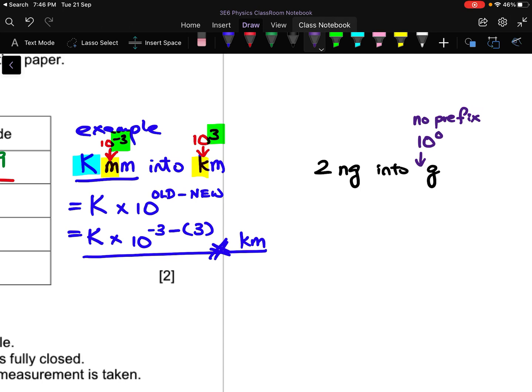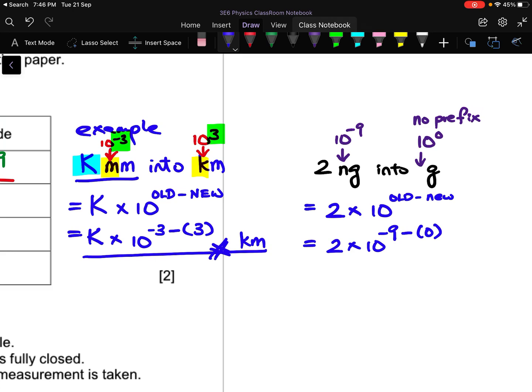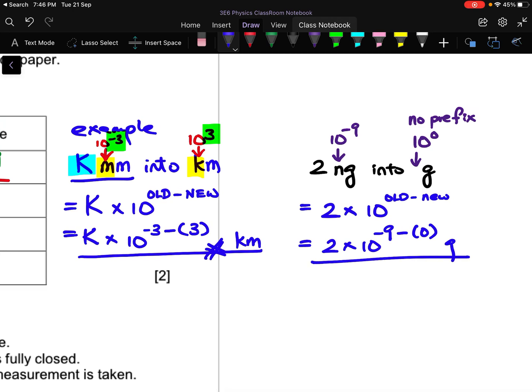So this nano will be 10 to the power of minus 9. How do you convert? Use the template: 2 multiplied by 10 to the power of old power minus new power. So this will give you 2 times 10 to the power of minus 9 minus 0. Finish. This will become gram. So from 2 nanogram to 2 gram, this is how you do it.